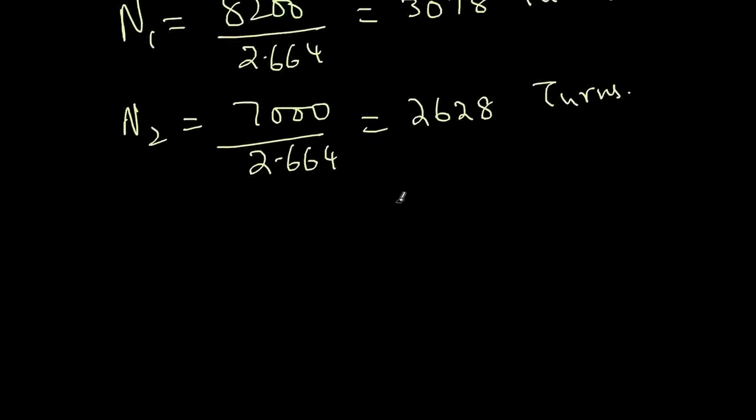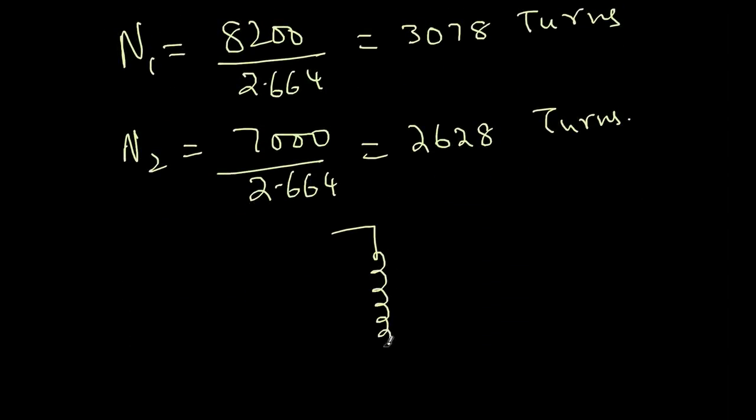So that means if I have the total winding, this total is 3078 turns. From the bottom I'll take 2628 turns, and I take the tapping at that point.